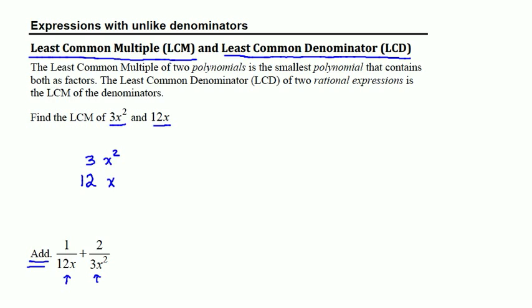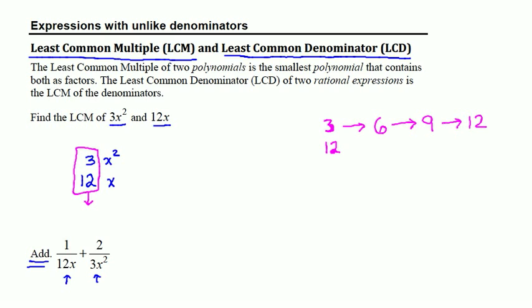For the 3 and 12, let's focus on those first. We want to find the least common multiple of 3 and 12. This is just like what we would have done back in the days of adding and subtracting fractions. If I take 3 and 12 both off to the side and I start writing down their multiples. 3 times 1 is 3, 3 times 2 is 6, 3 times 3 is 9, 3 times 4 is 12.